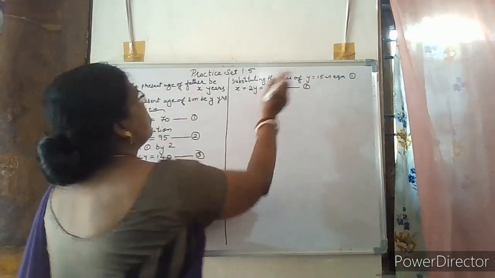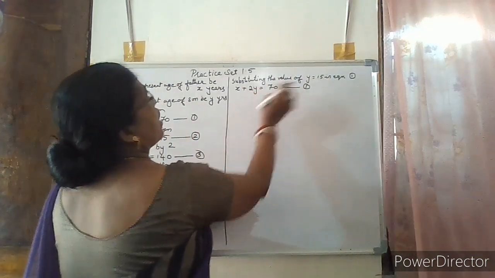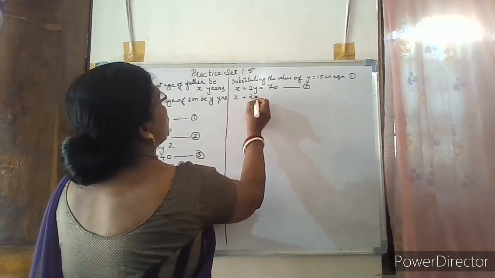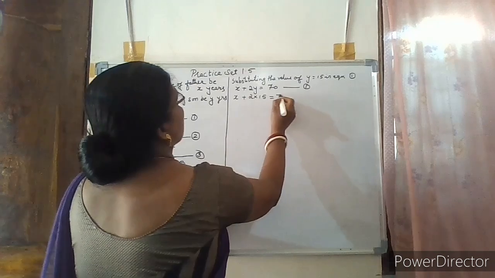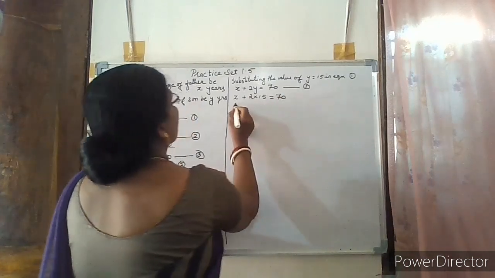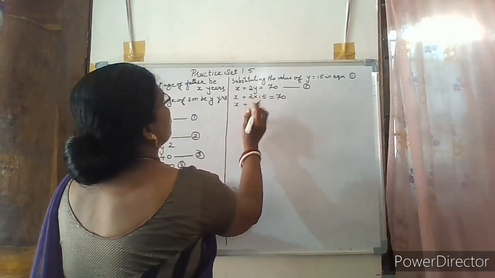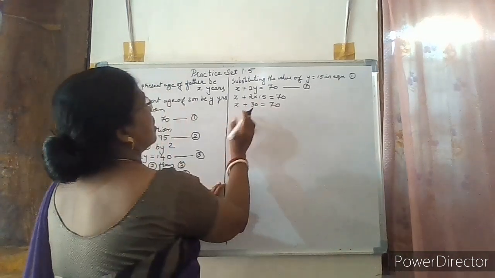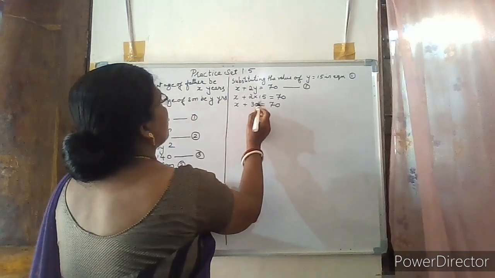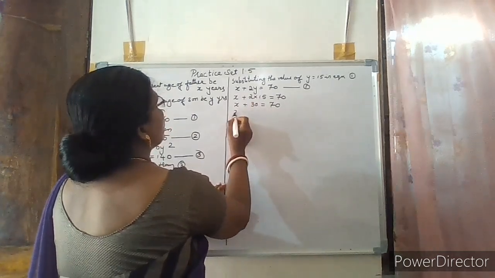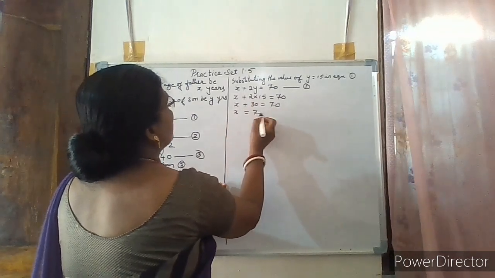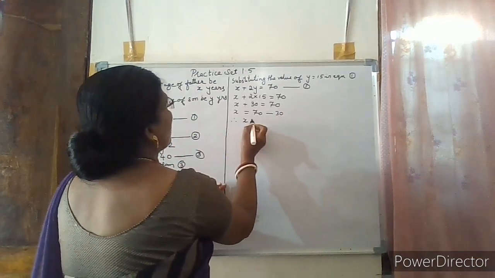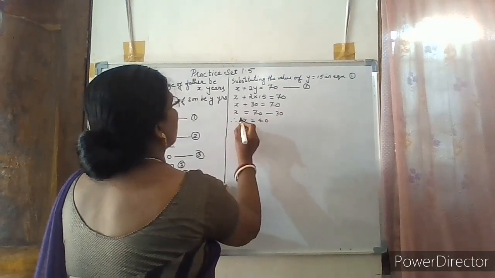So y is equal to 15, in place of y substitute the value 15. x plus 2 into 15 is equal to 70. So x plus 30 is equal to 70. Now 30 you transfer to the other side. So x is equal to 70 minus 30. Therefore x is equal to 40.